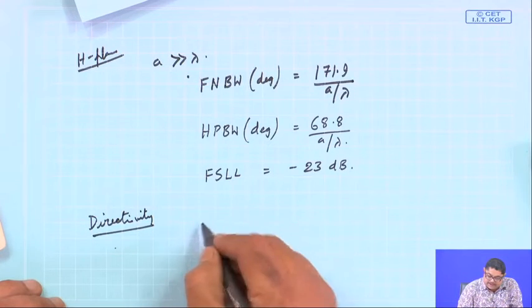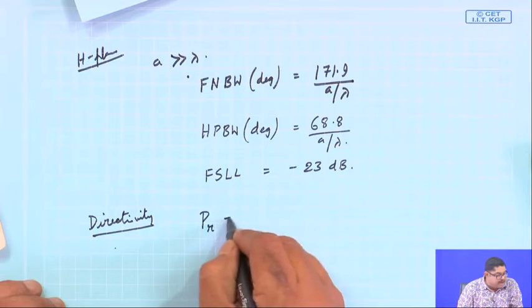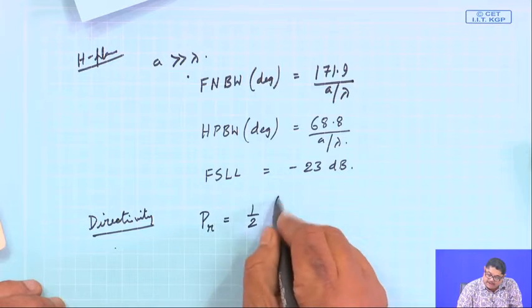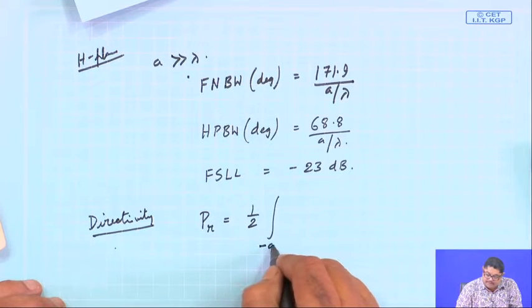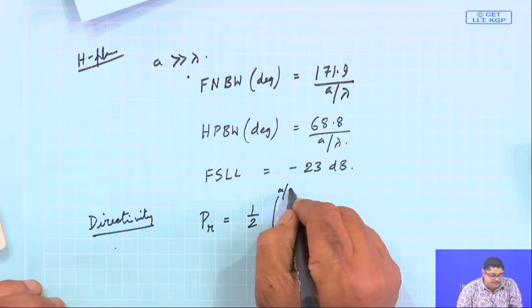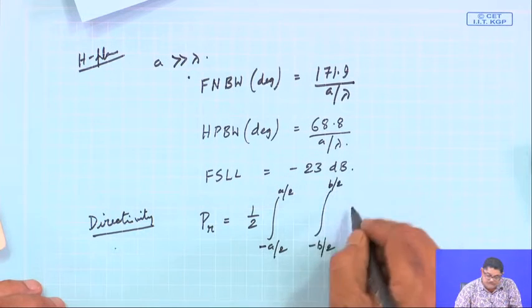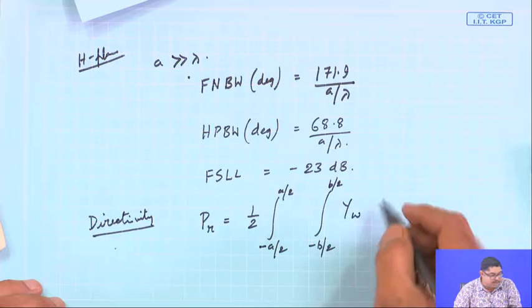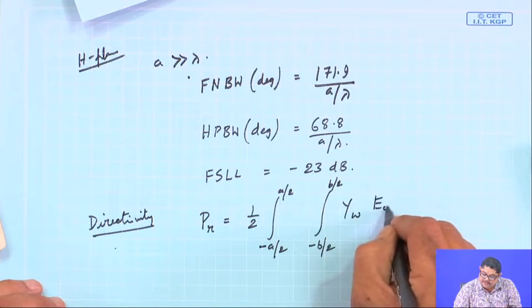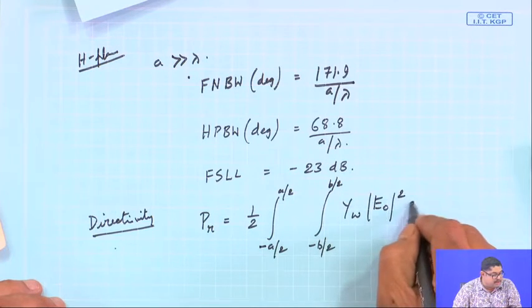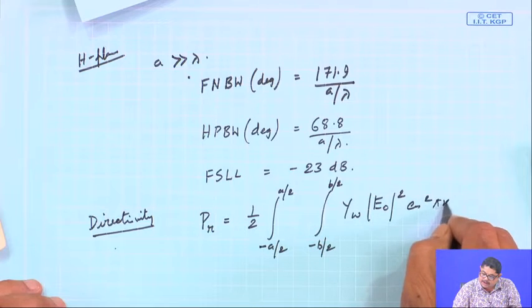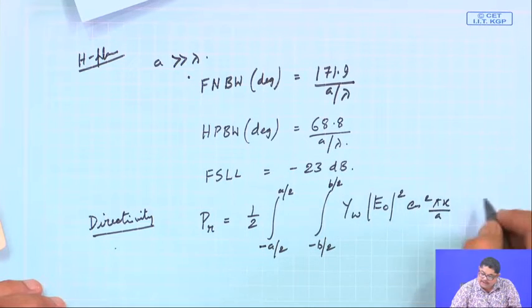So, again we can say, how to find PR. PR will be again from the aperture field, with the wave impedance, E naught square cos square pi x by a dx dy.